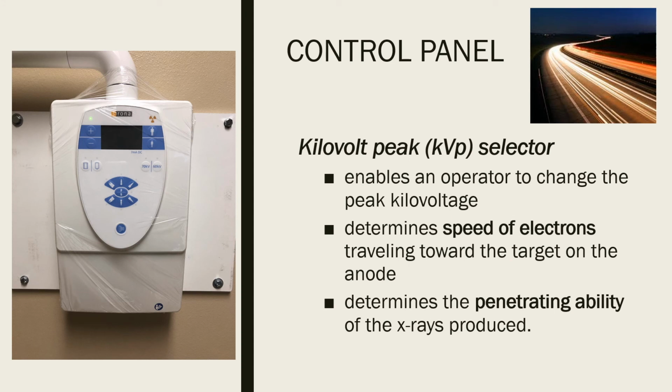Next is the kilovolt peak or kVp selector. This measures the voltage that travels across the X-ray tube. This determines the speed of the electrons and determines the penetrating ability of X-rays.